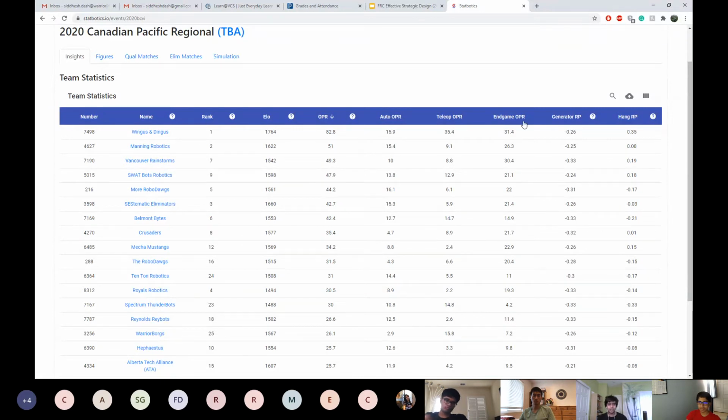I guess the major point is, when you're looking at a game manual like this for strategic design, your goal is to determine what's important, what's going to score you the most points. And a very important part is, once you've determined what's important, you need to emphasize those important tasks in your building process later in the season.